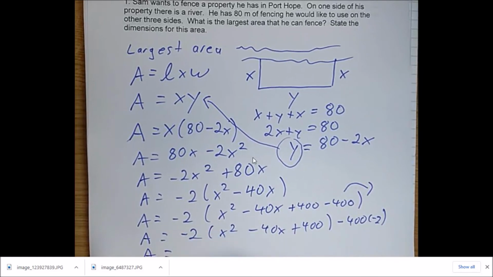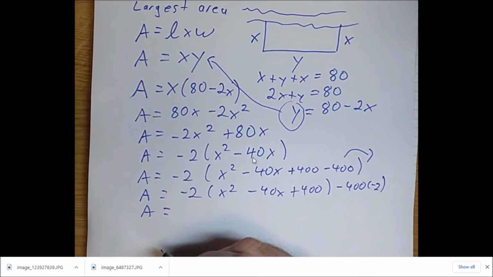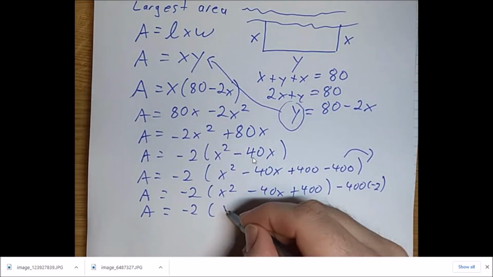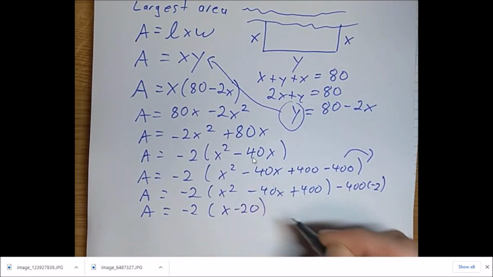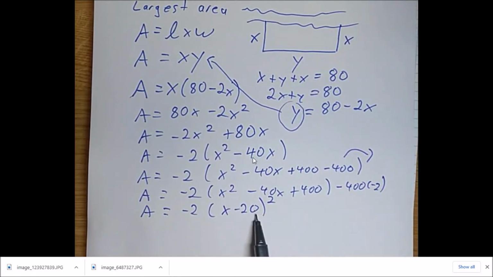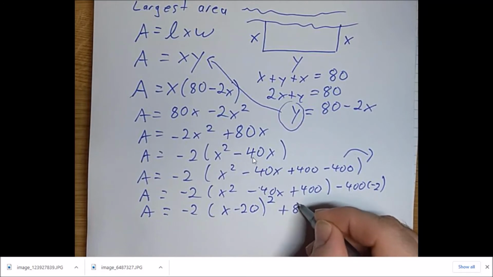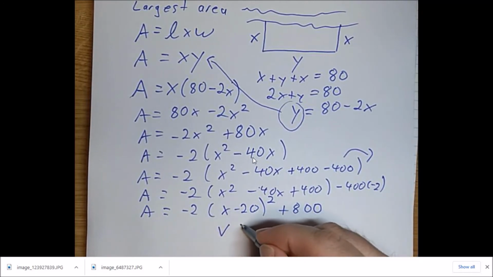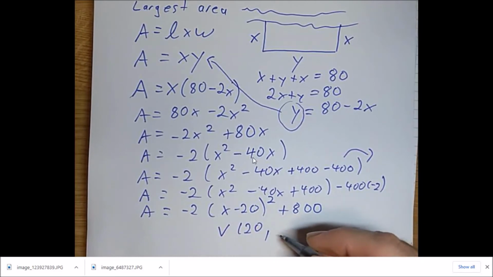And then A equals minus 2, and this we can put together, so that's like x minus 20 squared. And 800. Now, our vertex is 20, 800.